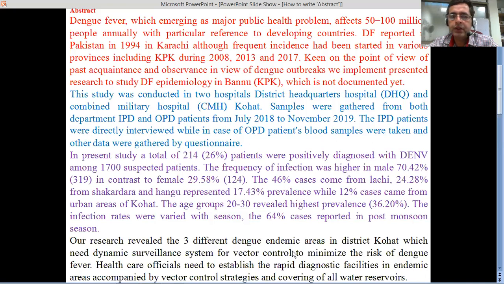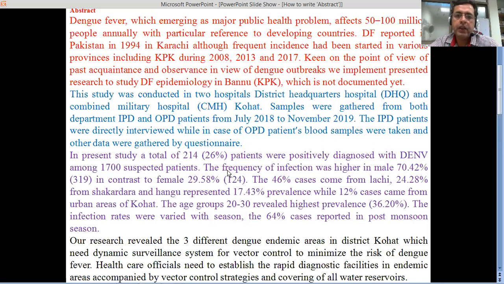The 46% cases come from Lachi, 24% from another place, while 12% cases were from the urban cohort. The age group 20 to 30 revealed the highest prevalence, 36.2%. The infection rates varied with season, with 64% cases reported in the post-monsoon season. So what is it? The purple text actually is the results given in your abstract.